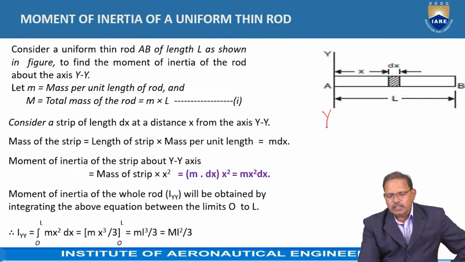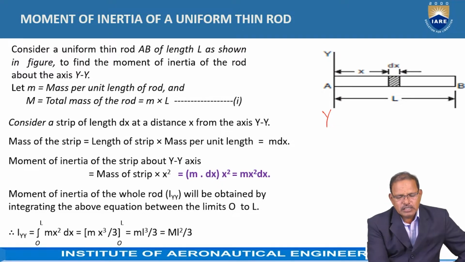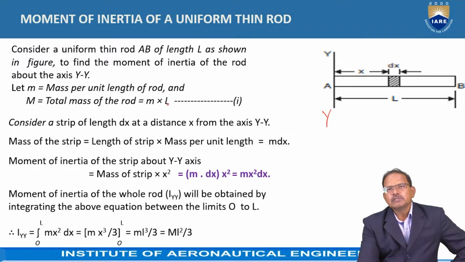Let m represent the mass per unit length of the rod. Hence, the total mass of the rod is represented as capital M, which is equal to the product of m into L, where m represents the mass per unit length of the rod.